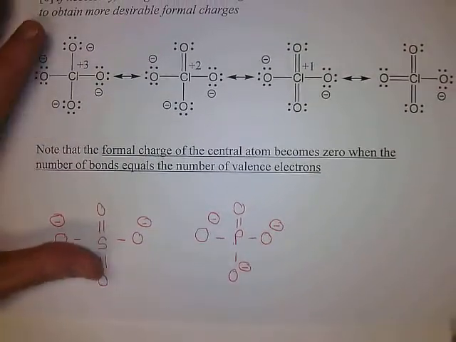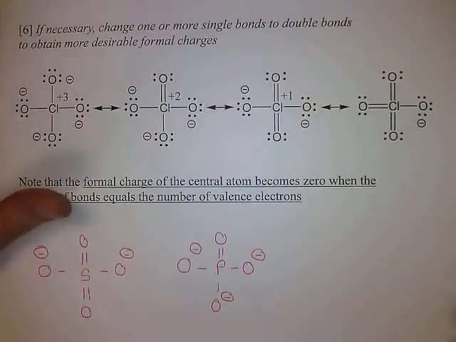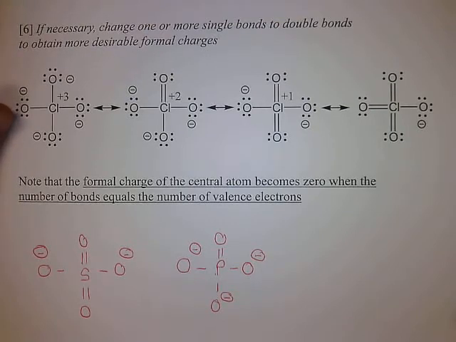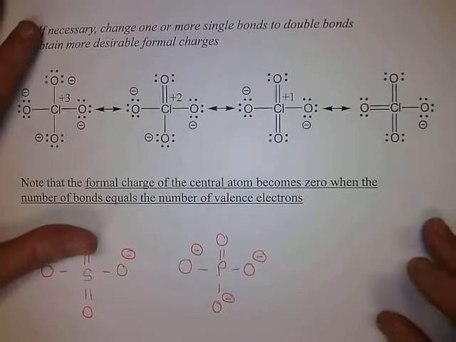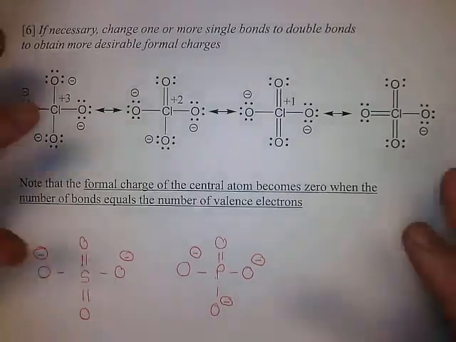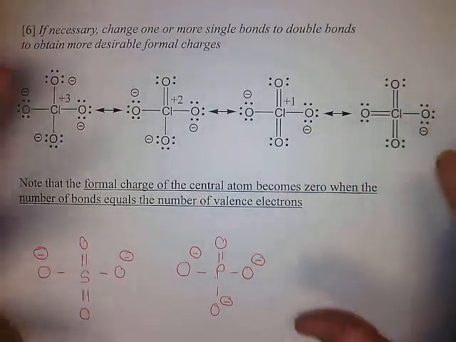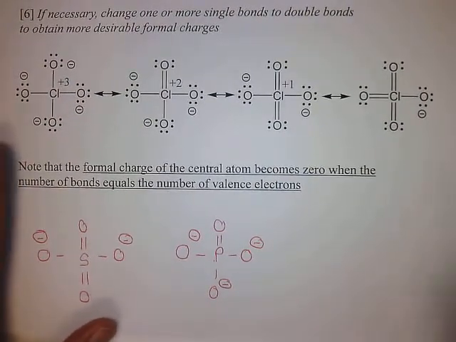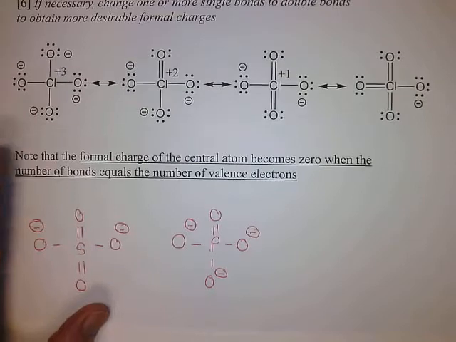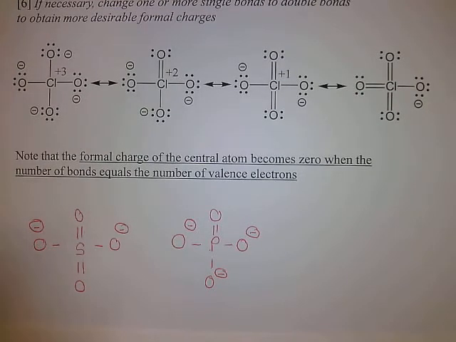So this overall procedure isn't quite as clear-cut as the first one that I taught you, because here you kind of have to play around with it a little bit, move some things around and see what you can do to reduce the formal charges and get the best structure that you can. And that wraps up this video.